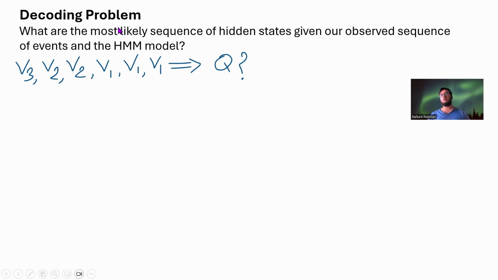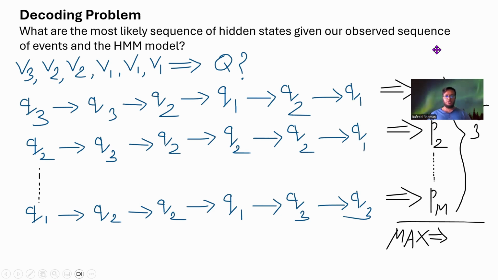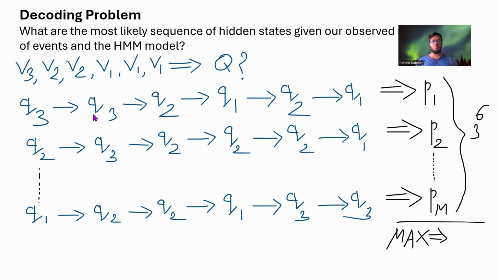And I want to tell you one thing: this decoding problem is actually the most widely used problem of HMM. One simple way is to look at different possible combinations of hidden state sequences. For example, we say, okay, if the 6 hidden states at the 6 time points were Q3, Q2, Q1, and so on, and the observations are given, then what is the probability of that? We can ask the same question for a different combination of Qs, and we can do this for all the different combinations.